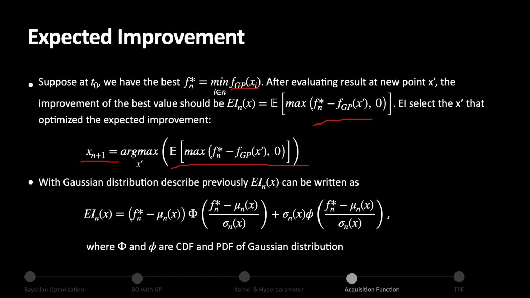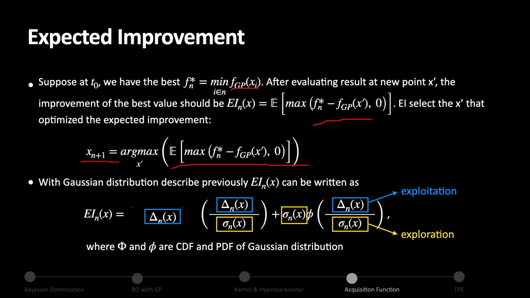Now we rewrite fn star minus mu n of x as delta n of x. The delta n of x is the exploitation part of the expected improvement, and the sigma n of x term is the exploration part of the expected improvement.